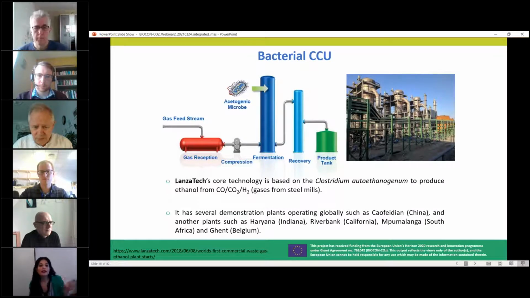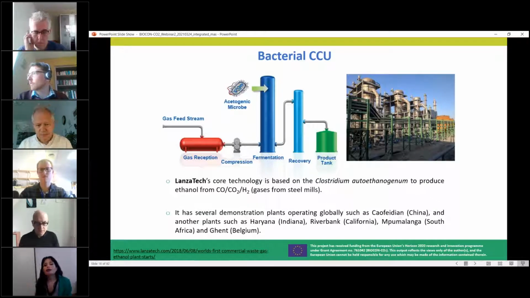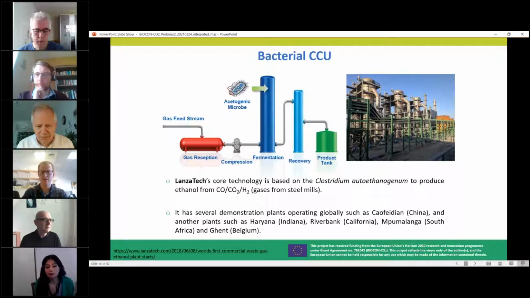Basically the gas is cooled down, cleaned, and fed to the acetogenic microbe, which then produces ethanol, which is then separated from the cultivation broth and recovered. This technology has been demonstrated in several plants worldwide. We have it in China, in the US, in South Africa, and also in Belgium. Next.